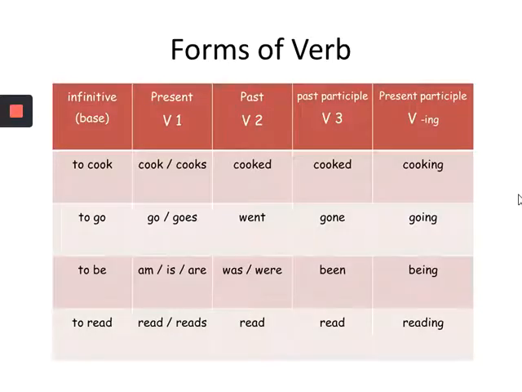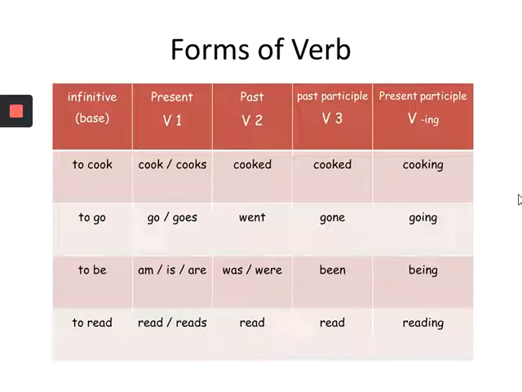First of all, if you remember this chart from our all tenses in 30 minutes lesson, I presented this chart back over there. There are 5 forms of verb, and over here I've given you both regular and irregular verbs.